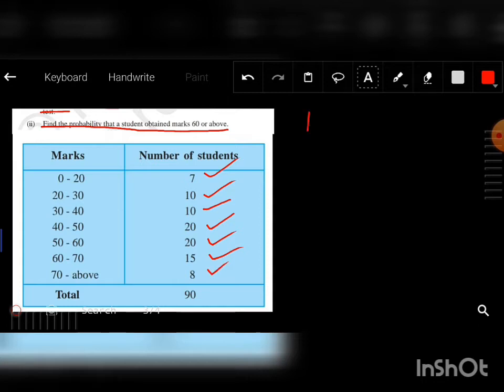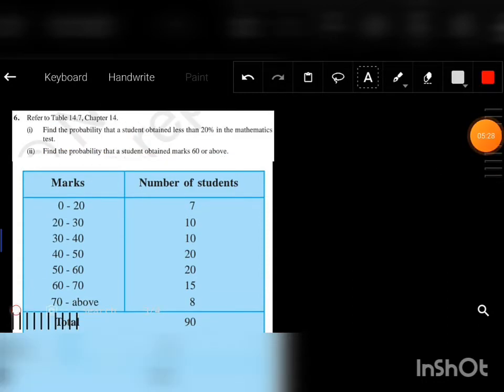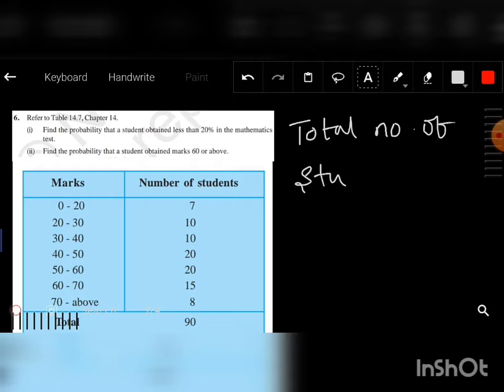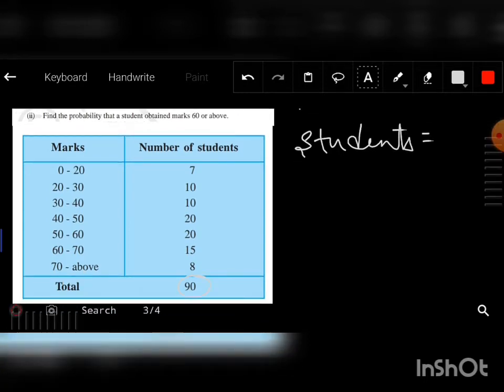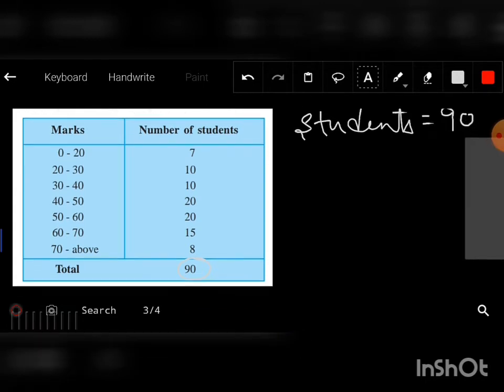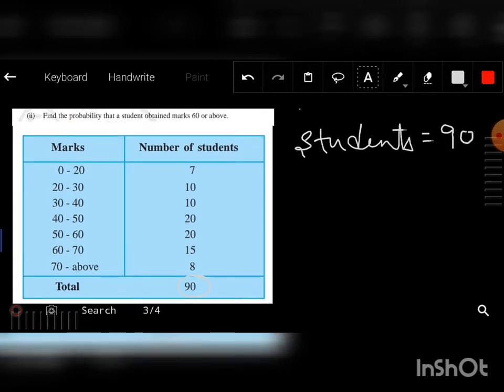Total number of students equals 90, so there are 90 students in total.